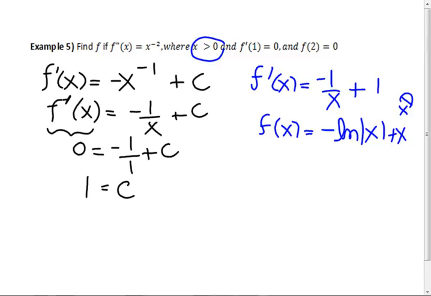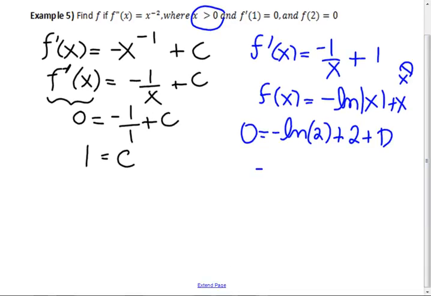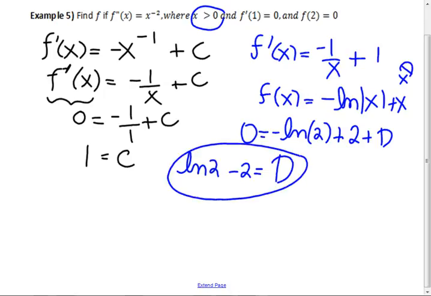So what's f of x? 0 equals negative natural log of 2 plus 2. I know what it is. Doesn't matter. Plus d. So what's d equal to? Yep, ln of 2 minus 2. So add this to both sides. Minus 2. That's it.